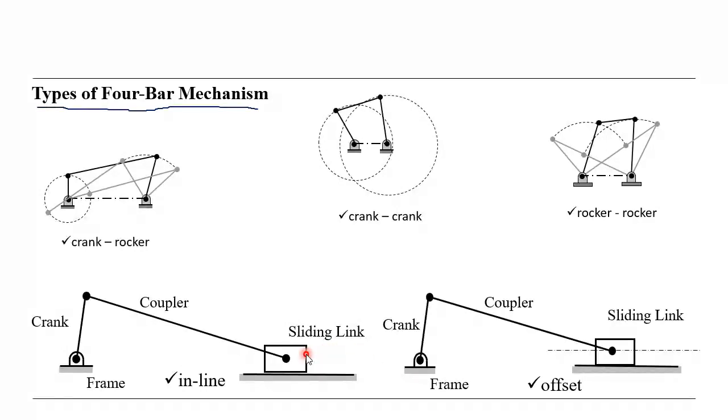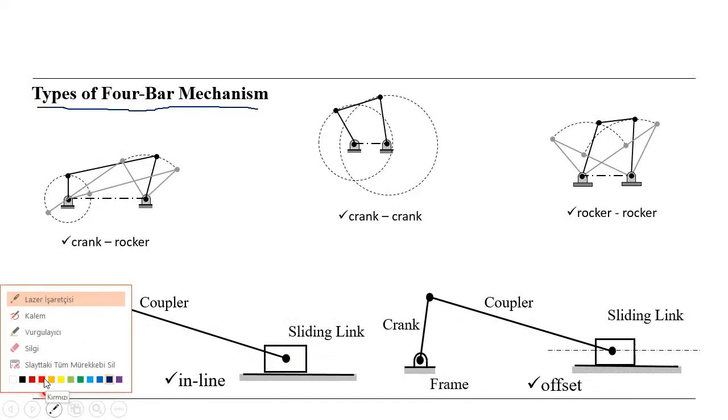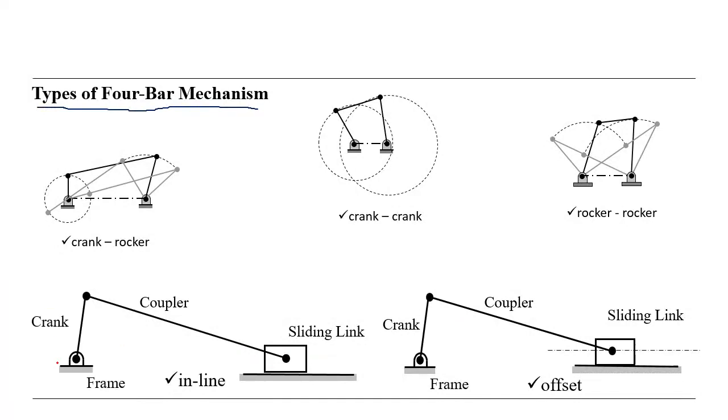We have 2 types of crank slider mechanism. Inline, that means the points are on the same line, like this. You see, on the same line, so there is no distance in between compared to the base.